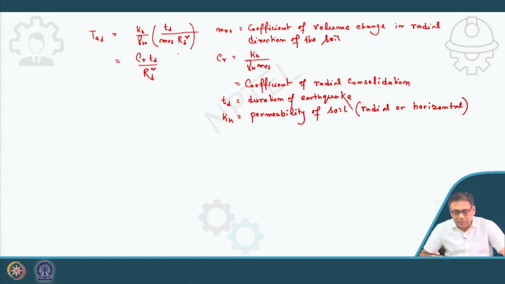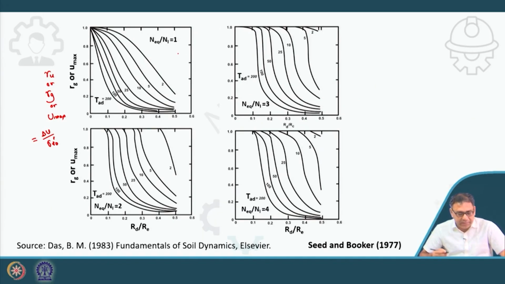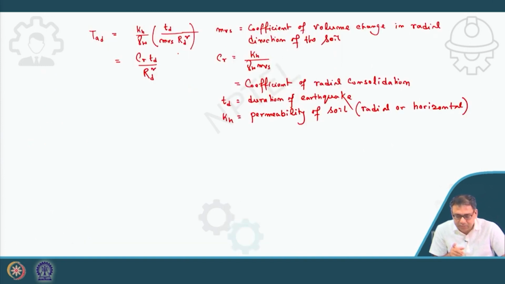Okay. So now here one more thing I want to mention: in this approach, you can see what parameters are being used. The parameters being used are the MVS, which is the coefficient of volume change in radial direction for the soil, then KH, which is also for the soil, the horizontal permeability of soil, KHS if you say.